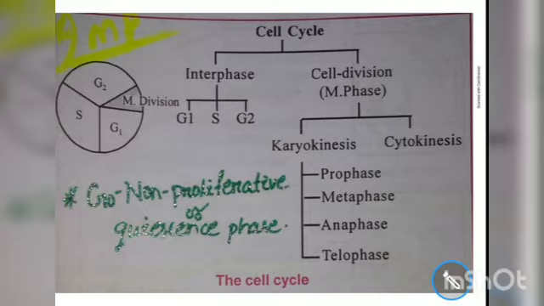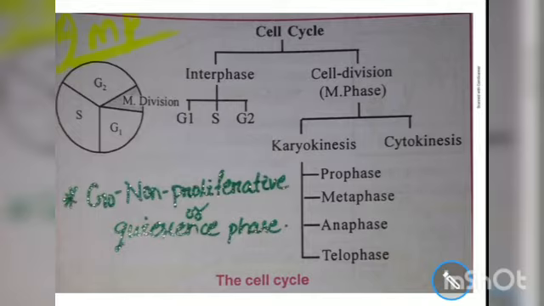And again the cell has two checkpoints, in G1 and G2 respectively. If the condition is not suitable for cell division, then the cell cycle may be stopped or it undergoes the G0 stage to retain its complete maturity.